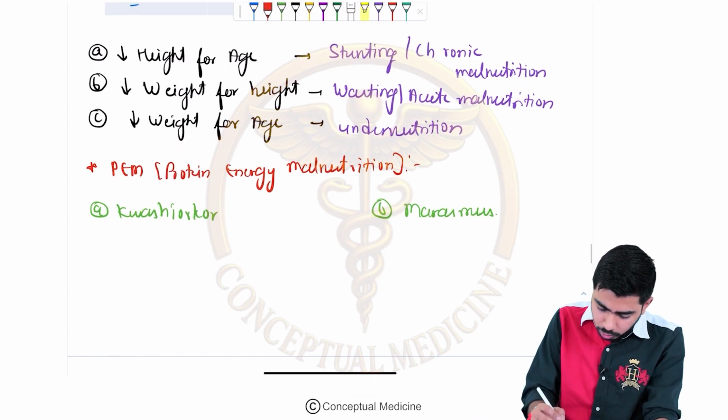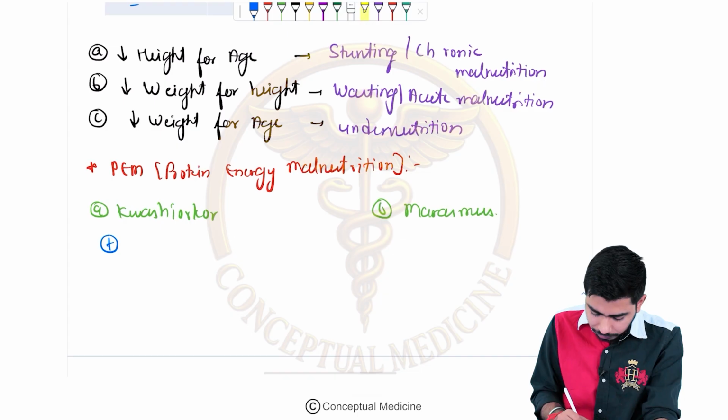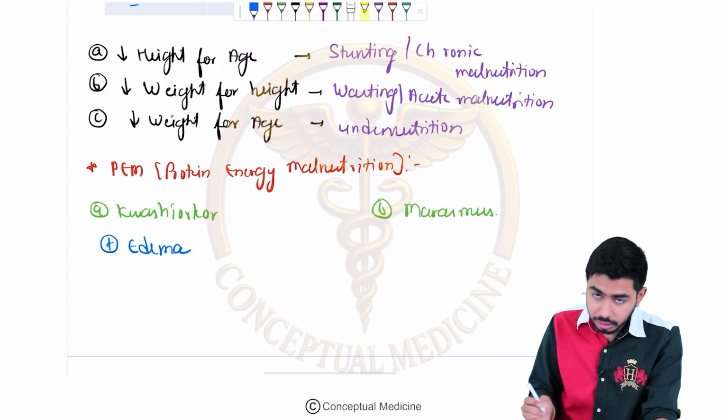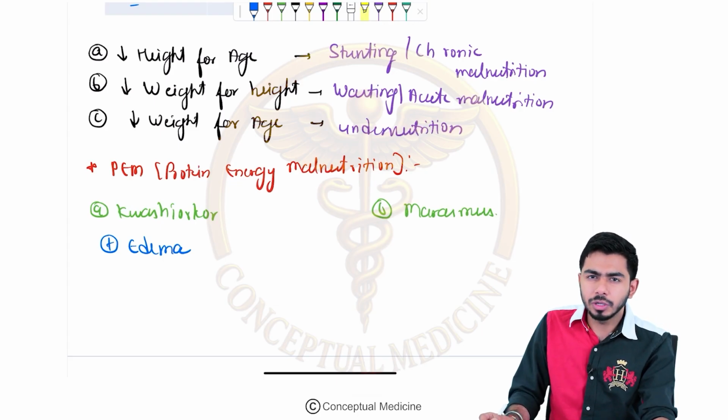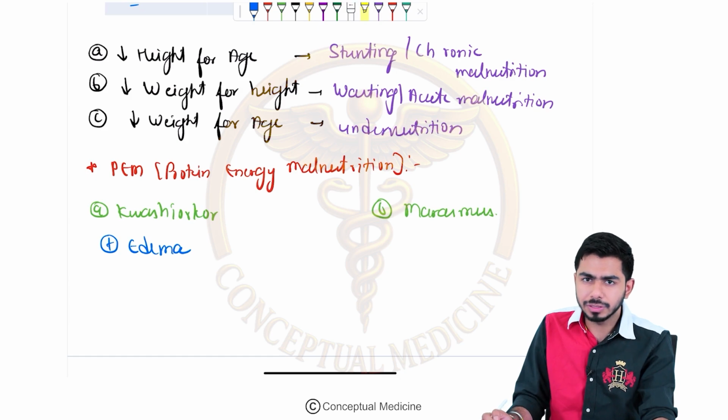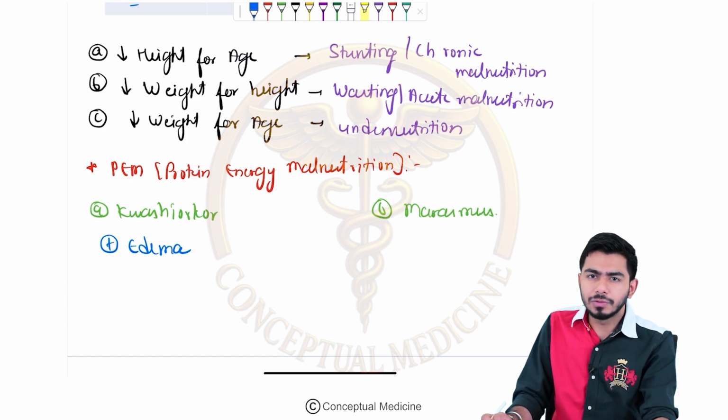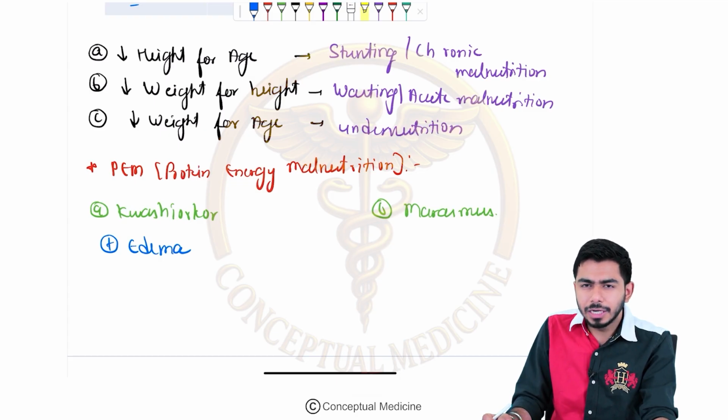If we talk about kwashiorkor mainly, let me tell you that we are having the edema. The patient will be having the edema. So apparently it will look like the child is not having a problem with weight, because if you weigh the baby, the weight will not be lesser.